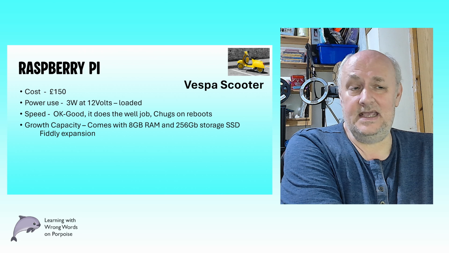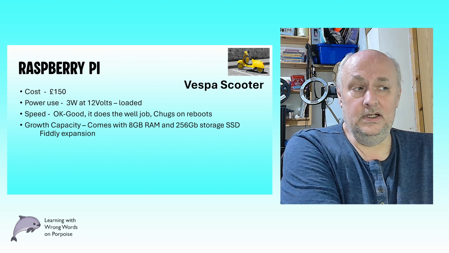Growth capacity, it's possible. It's a little bit fiddly to do. The one I chose had 8 GB of RAM and 255 GB of storage, and a case and a power supply. Ease of setup, some assembly required, and installation is via memory card, so again a little bit fiddly.